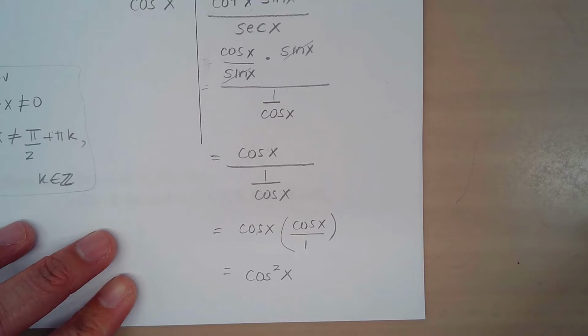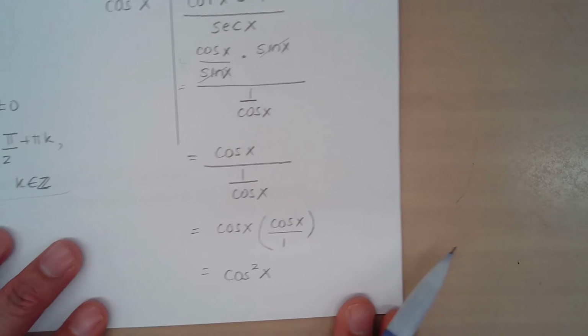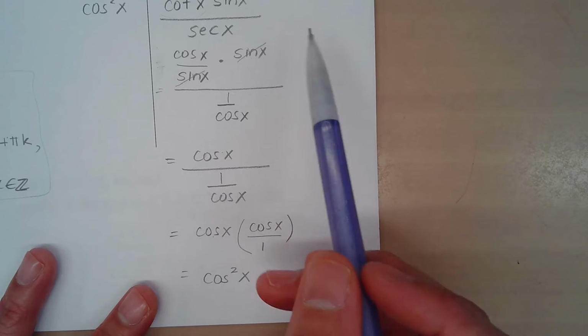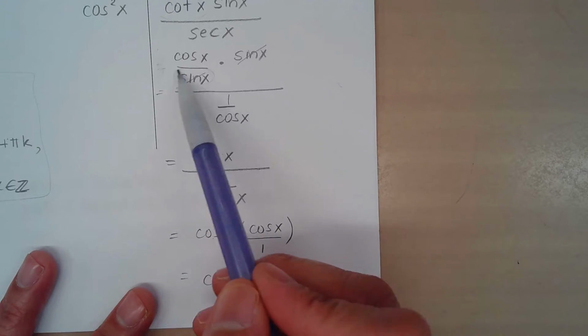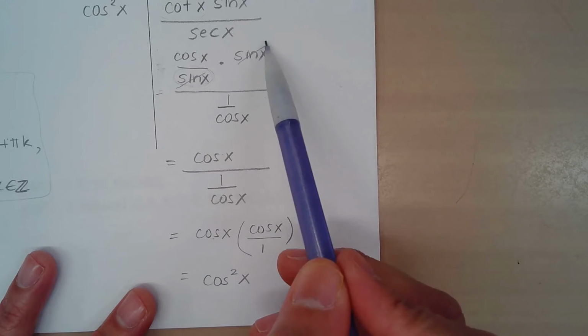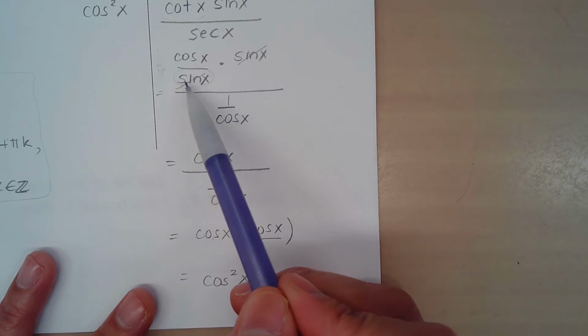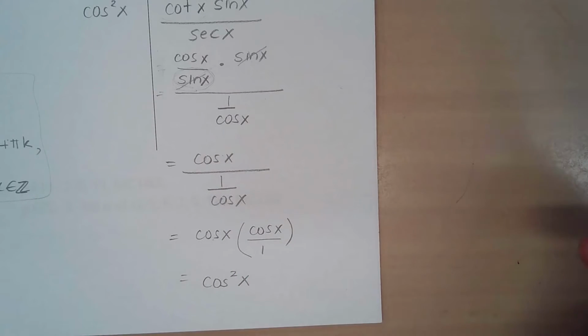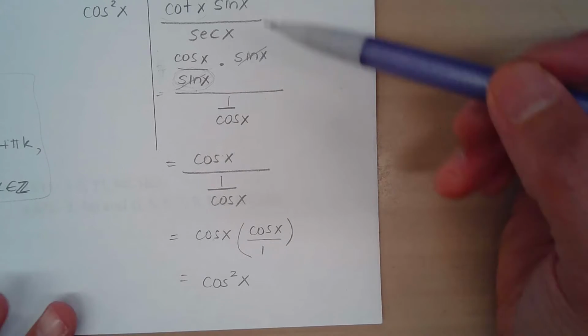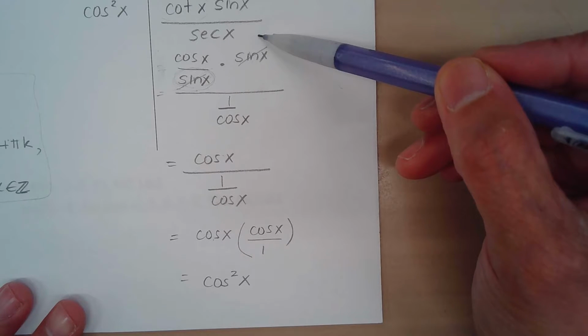Okay. What are the non-permissible values? Sine. Now here, the sine of x in this denominator, even though it's in the denominator, is overall in the numerator, and this sine of x will cancel the sine of x there.